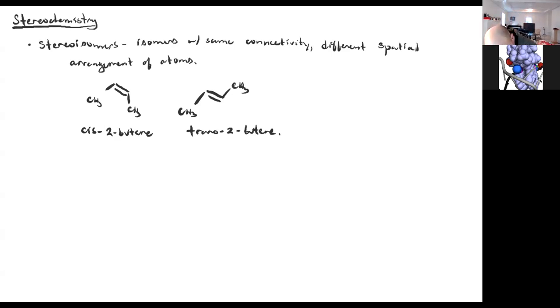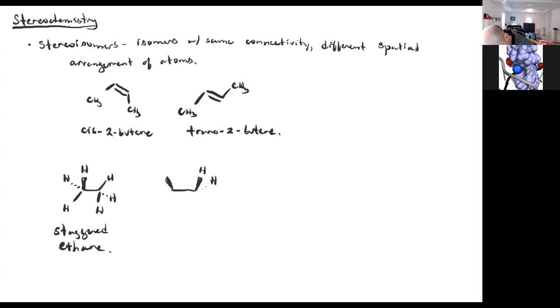So for example, if I had the staggered arrangement of ethane, and then I contrasted that with the eclipsed arrangement, based on the definition at the top of the slide, you could say maybe these are stereoisomers, right?